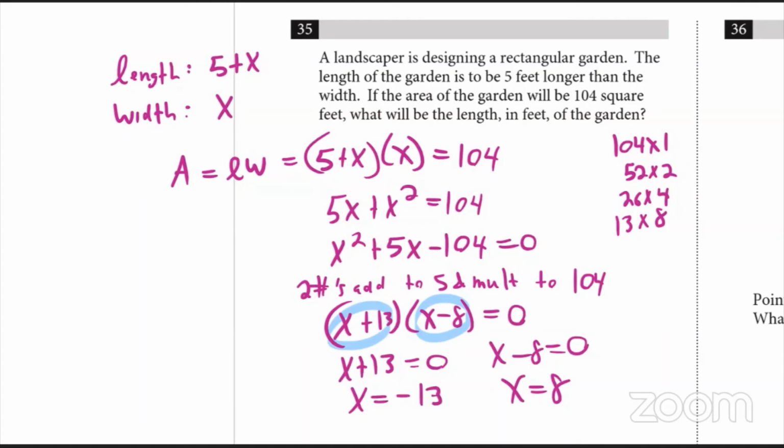And because we're talking about length, we can't have a negative length. So 13 goes out. And the width is now 8, and the length is 5 plus 8. So what's the length? It's 5 plus 8, and it's 13. So the answer to number 35 is 13. Now we're going to number 36.